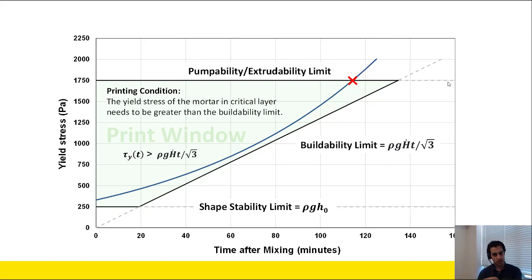As I mentioned, when you print the materials, you go layer by layer, and after a while you build up pressure on the bottom layers, and they might collapse. So you need the printed layers to gain strength over time, a certain slope of stress versus time, in order for the material not to collapse. We call it the buildability limit, as you can see here.